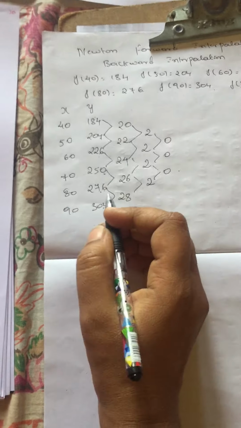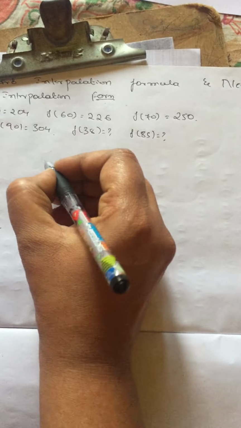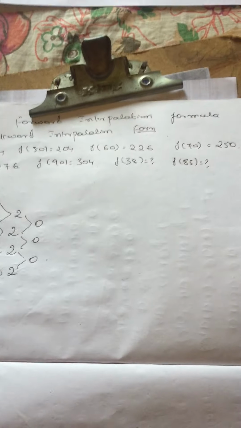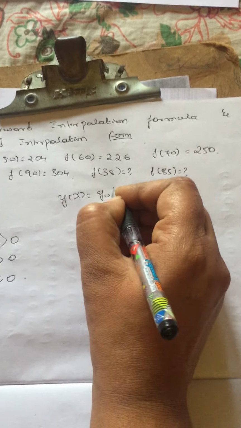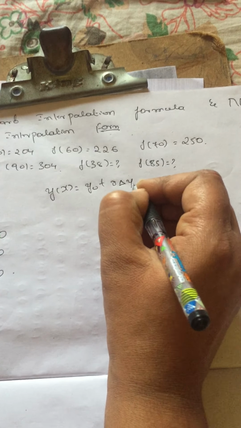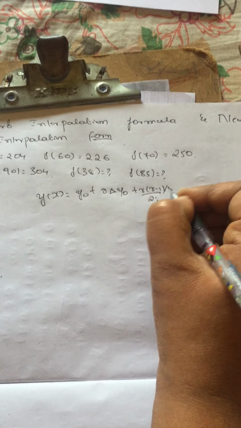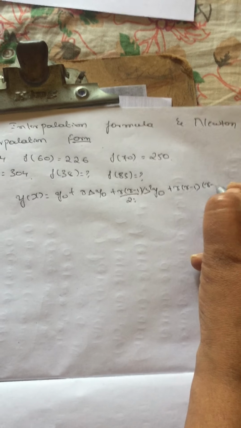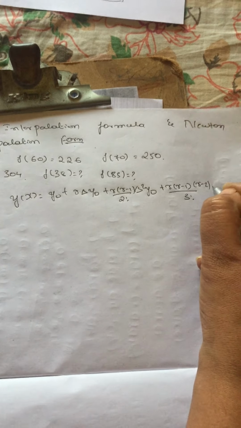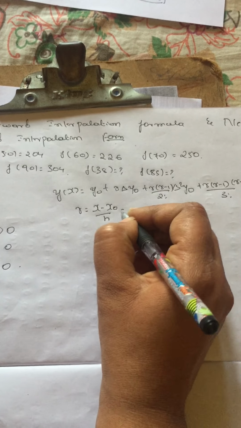Newton forward interpolation formula states that y of x is equal to y naught plus r into delta y naught plus r into r minus 1 by 2 factorial into delta square y naught plus r into r minus 1 into r minus 2 by 3 factorial into delta cube y naught, and it goes on continuing, where r is equal to x minus x naught divided by h.